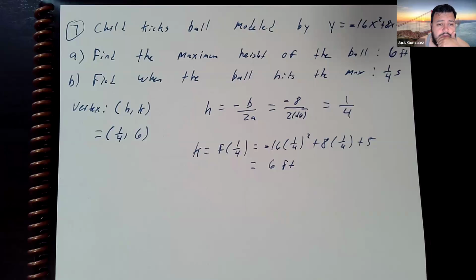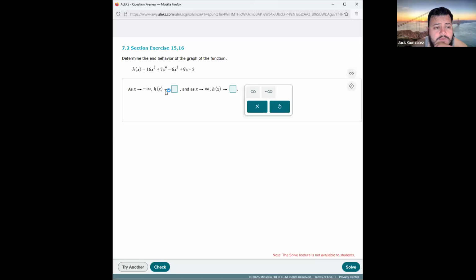Then the next few questions, it's going to be the end behavior. Do y'all remember? I sent you that note. We said if the leading coefficient is positive and the degree is odd, then it's going to be which type?